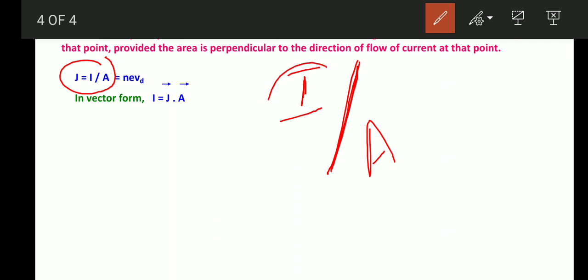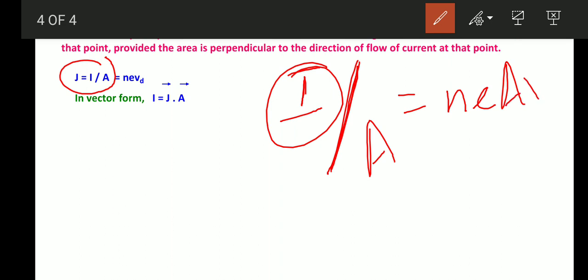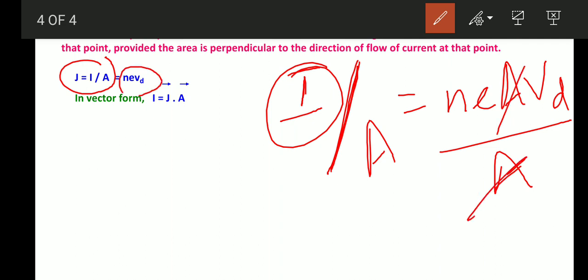Then we know the relation for I, that is I equals nEAVd, divided by A. The area gets cancelled, and we obtain the relation for current density as J equals neVd.